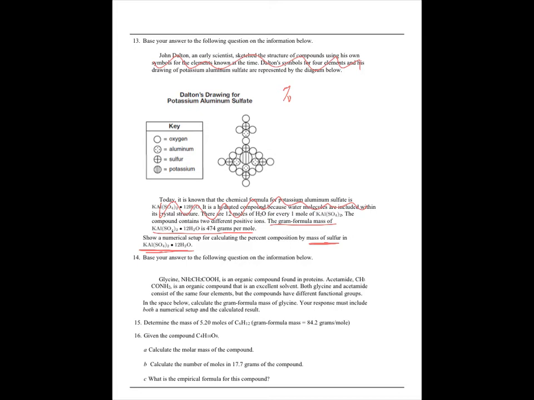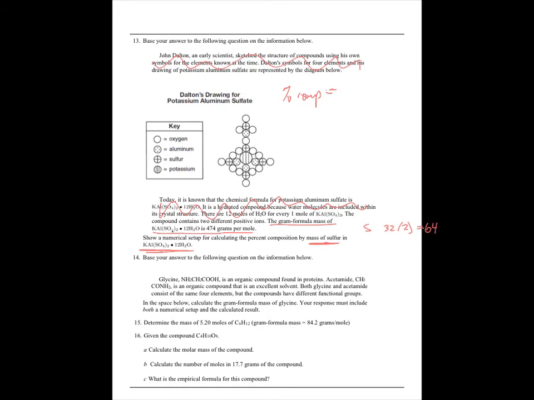Just a setup, guys. Percent comp equals mass of the part. So sulfur is, there are 32 grams for every sulfur, and there are 2 of them. So the total mass we have of sulfur is 64. So that's the mass of our part.